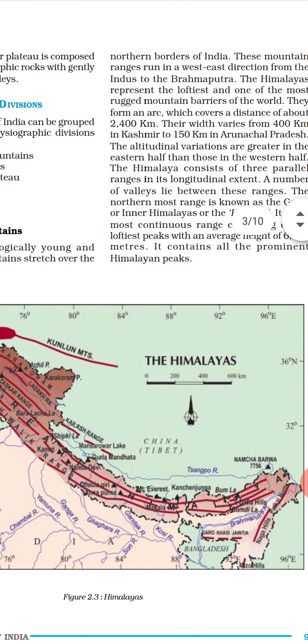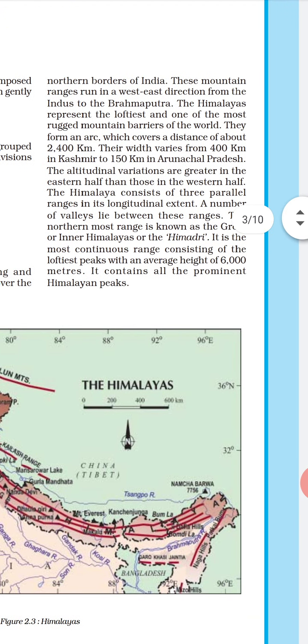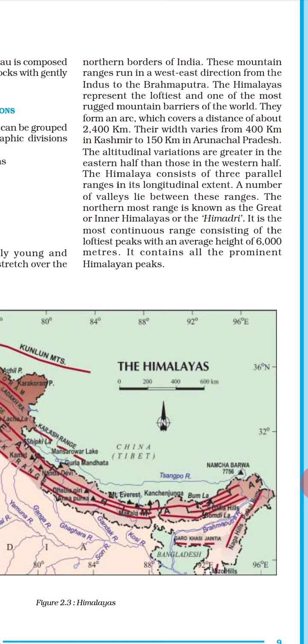The Himalayas represent the loftiest and one of the most rugged mountain barriers in the world. Why do we call them a barrier? Because they protect us from the cold winds coming from the North Pole. And they form an arc.